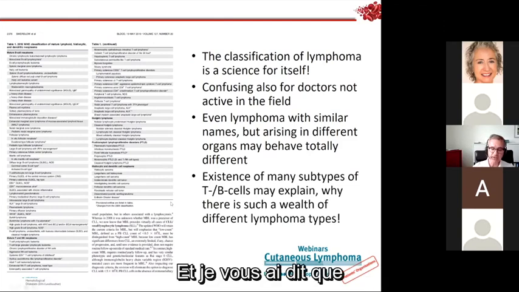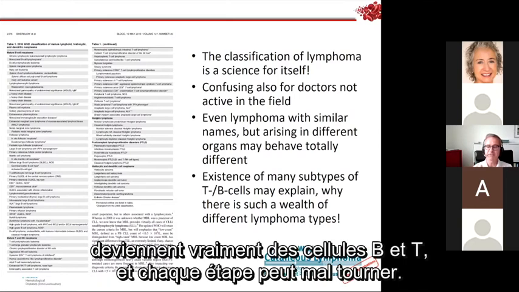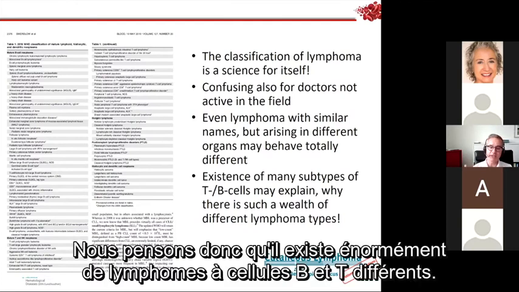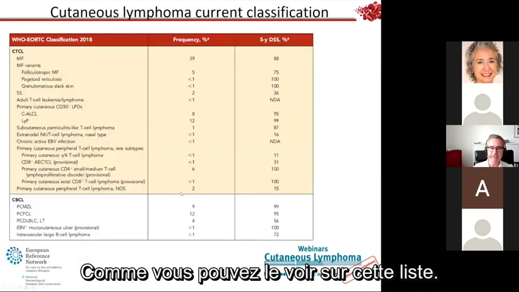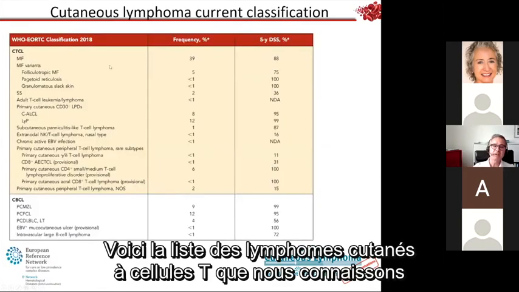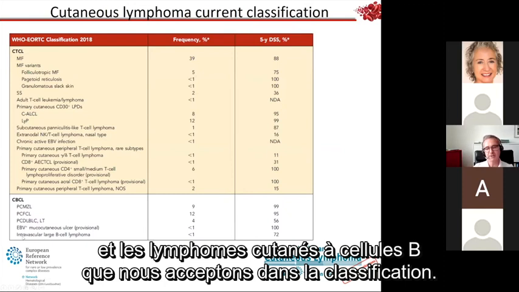And I've told you that B and T cells develop via various steps, and each and every one of these steps can go wrong. And therefore, we believe that there are as many kinds of B and T cell lymphomas as we encounter, obviously, given this list here. So this is the list of cutaneous T cell lymphomas we accept in the classification, and the cutaneous B cell lymphomas, the list we accept in the current classification.